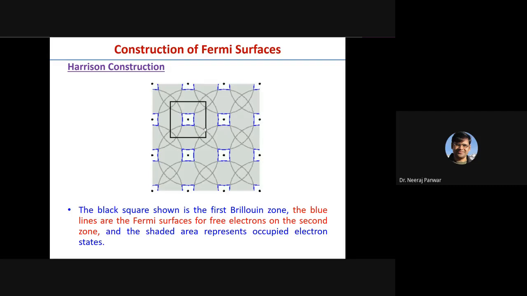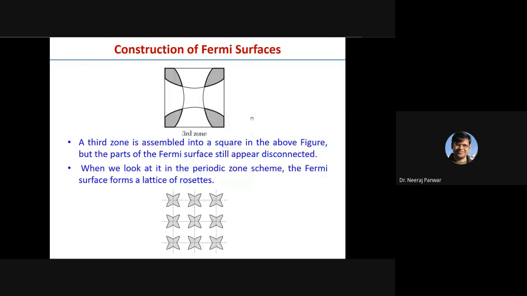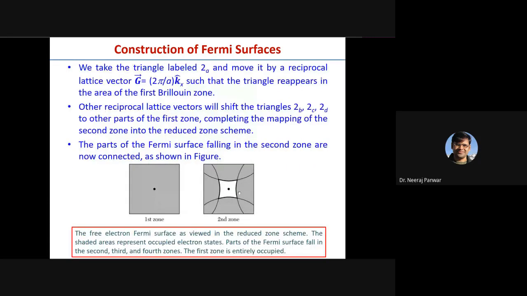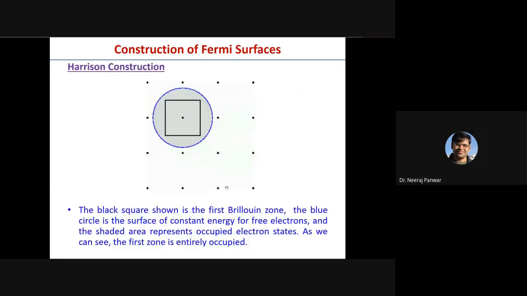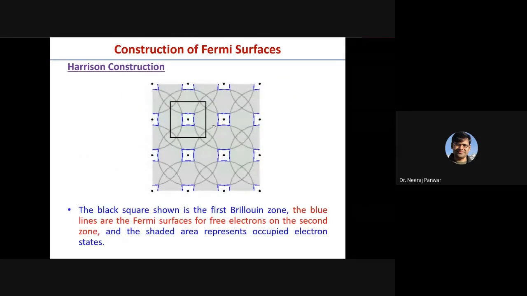We have seen such a picture previously in the reduced zone scheme, and whenever we repeat it, we get it in the periodic zone scheme. This is in the reduced zone scheme, and the same thing has been shown here in the periodic zone scheme, which has been made with the help of this Harrison construction.